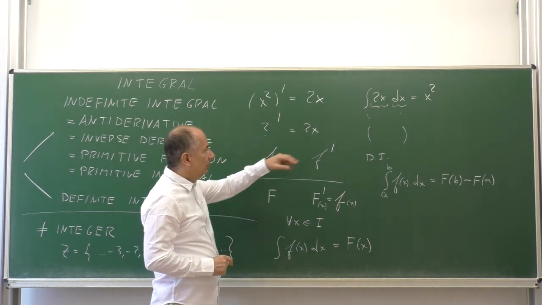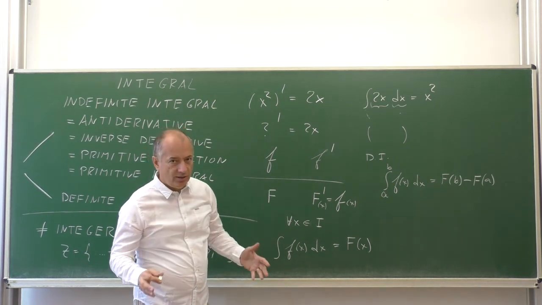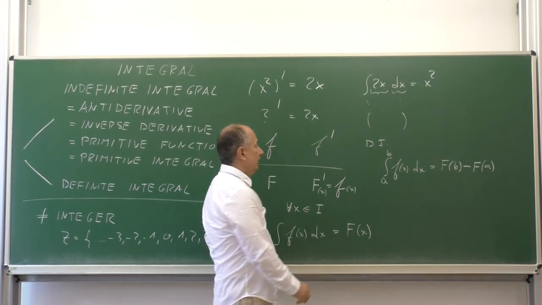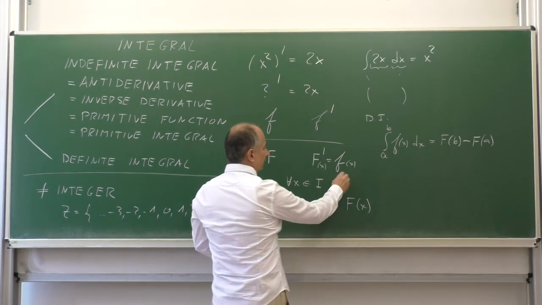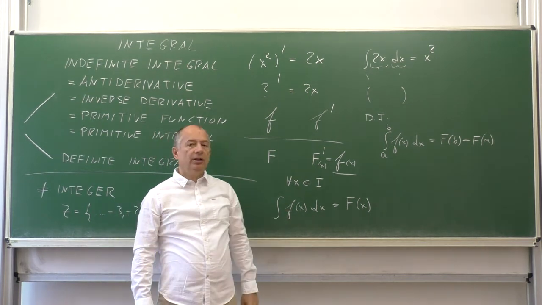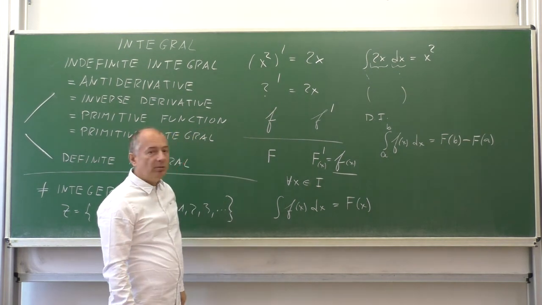So if we want to find the antiderivative, the question, is there a solution? Is there a function? Yes, if f is continuous, then the antiderivative exists. That was the first question. Now what about uniqueness?